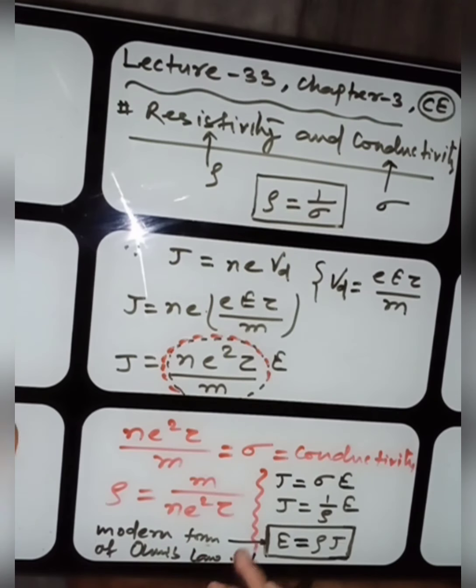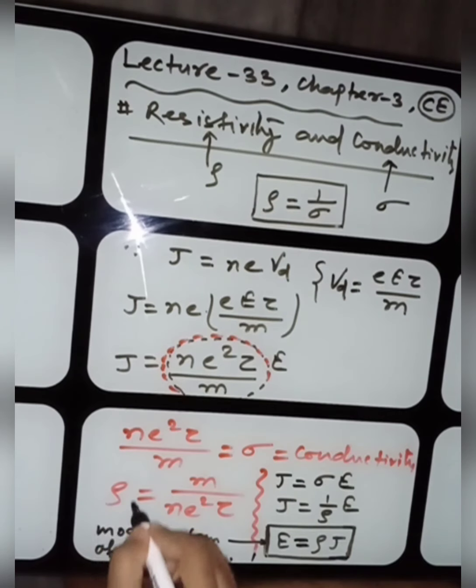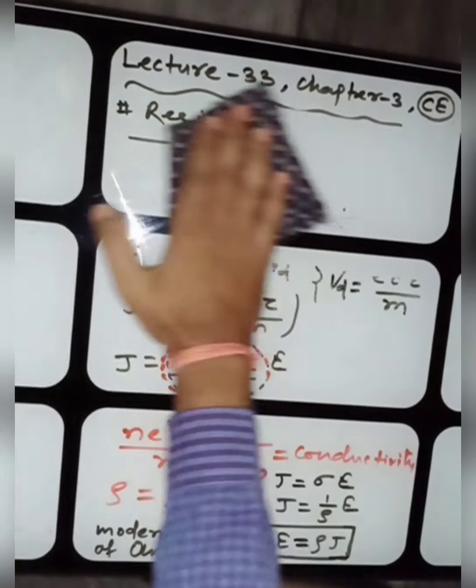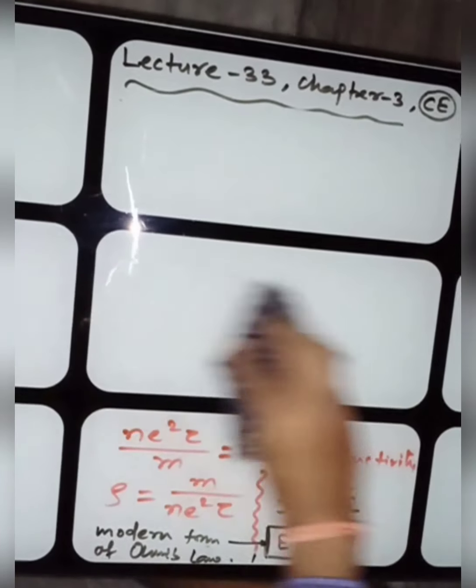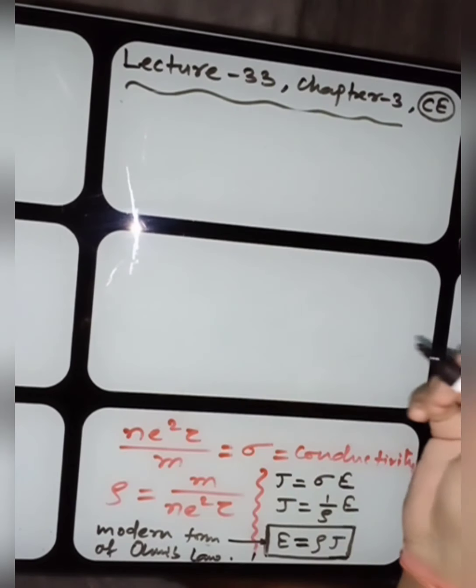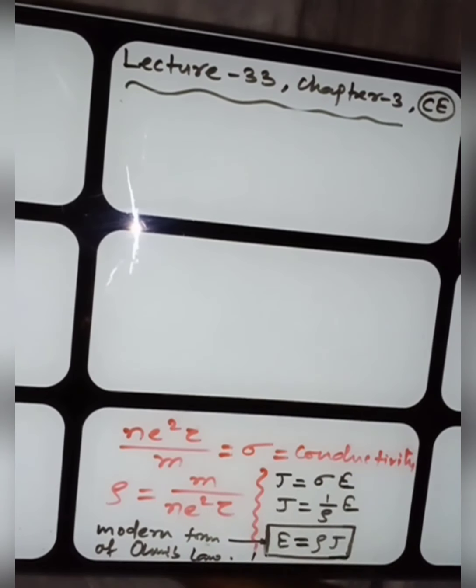Now, about this resistivity, let me talk in very simple words, because we have to use it later on. My dear student, this resistivity depends upon m, the mass of the electron charge carrier, n, the charge density, e, the charge of the electron, and tau, the time of relaxation.